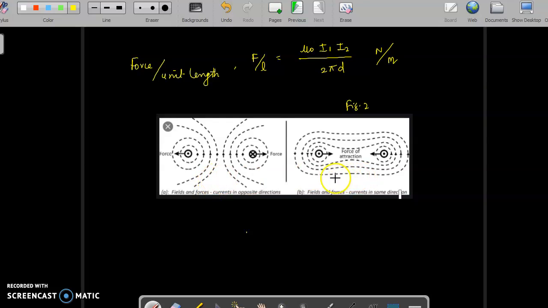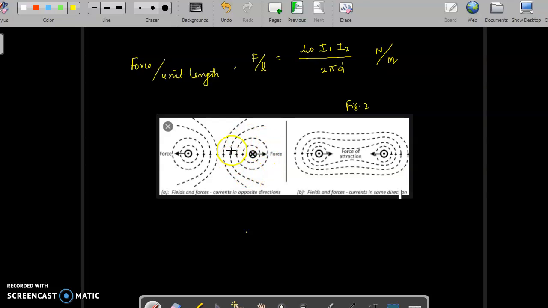We can use the pattern of the magnetic field around and between the conductors to explain why the conductors experience such forces. We identify the direction of the magnetic field around the conductors using the right hand thumb rule. It is anti-clockwise when the current is coming out of the screen, and clockwise when the current is moving into the screen.